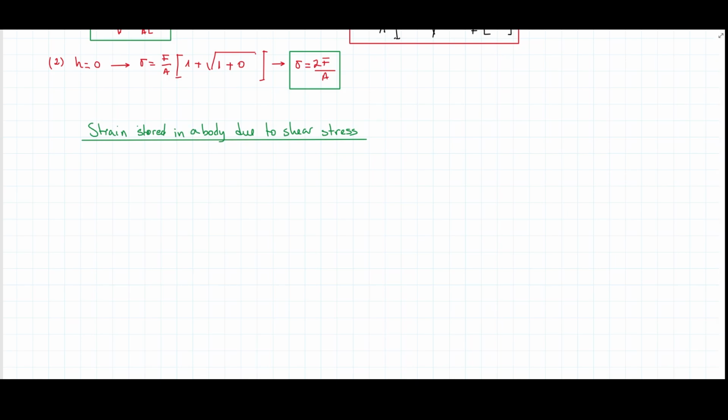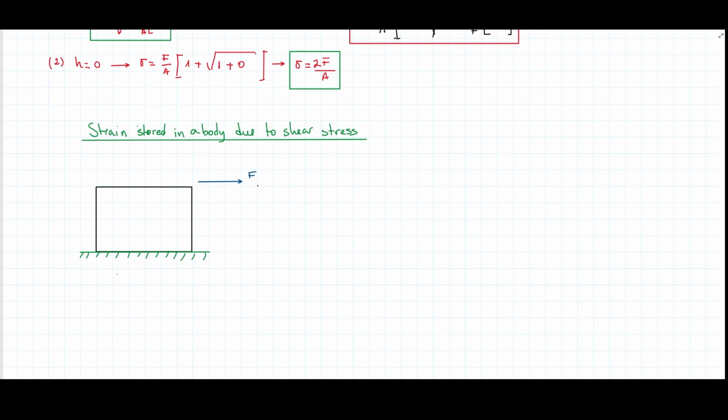So let's imagine that we have some sort of cube like this. And the cube is fixed to the ground at the bottom here. And we apply a tangential force to the top of the body, which is going to create a shear stress on the body.